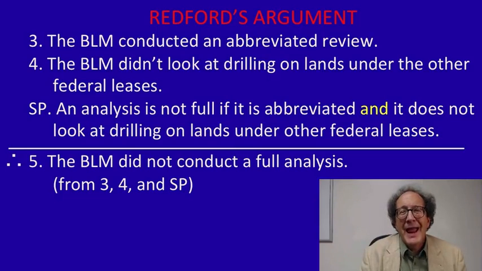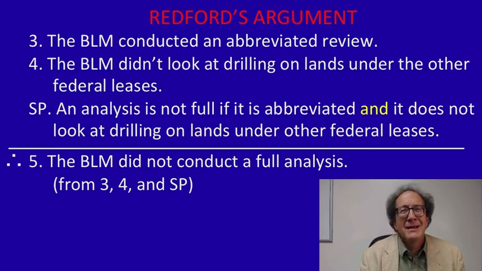Notice that I use the word and instead of or in the suppressed premise. And the reason is that I want to make Redford's argument look as good as possible. And his premise is going to be more defensible if he uses and instead of or. Because with and, the premise means that the review is not full if it has both of those problems. Whereas if you have or, it says that the review is not full if it has either one or the other of those problems.